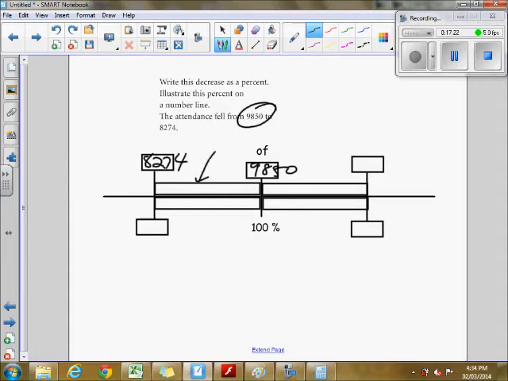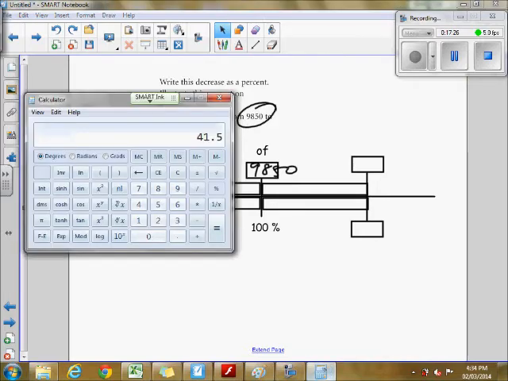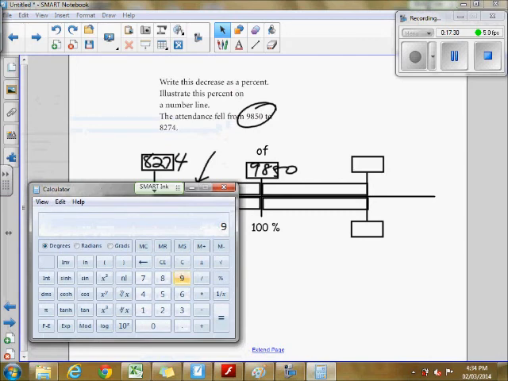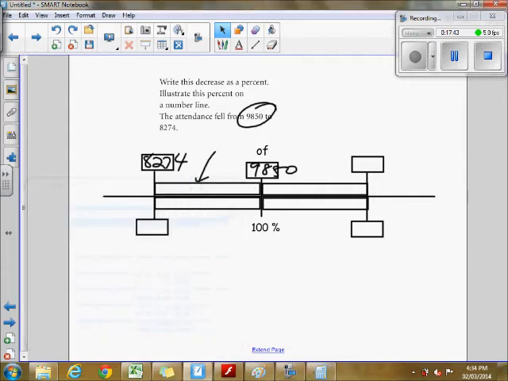For this question, we're going to try to find how much it is decreased. So again, with our calculator or doing it on paper, we have 9,850 subtracted 8,274 equals 1,576. So there's our decrease.